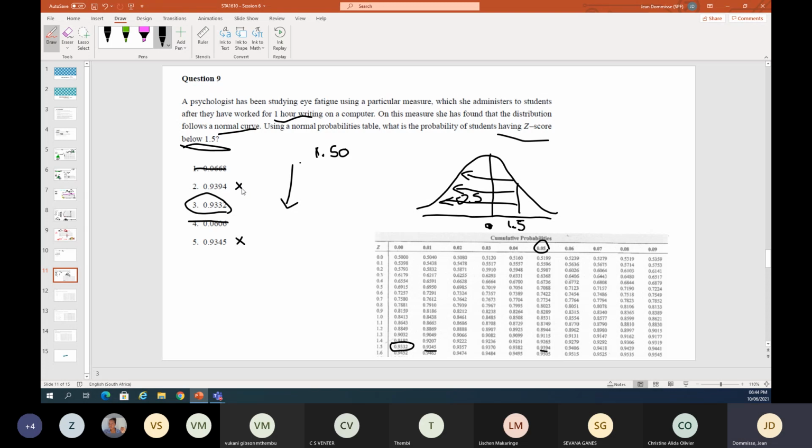Just so, if you misread the table, there would have been 2 other options for you as well. Okay, so this one was nearly more straightforward. They gave you the 1.5. You needed to go to the table and look at the table and find your answer.